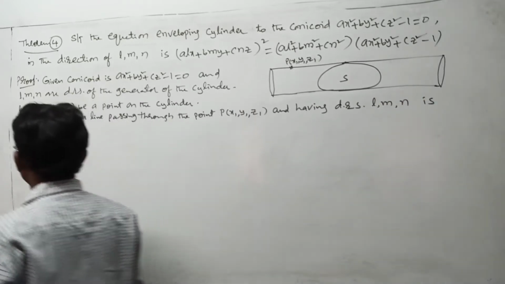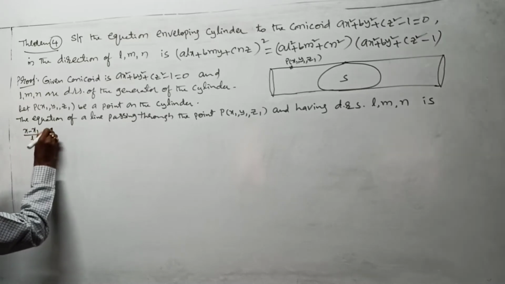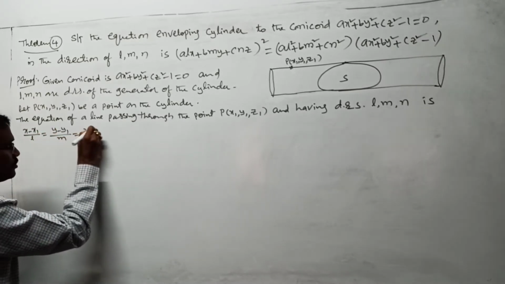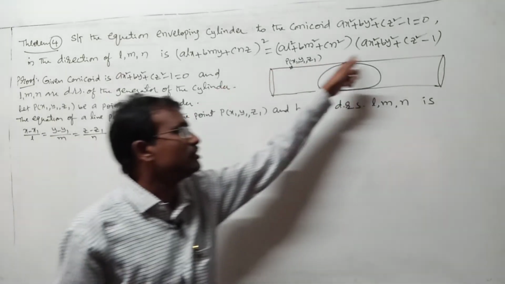That line is (x minus x1) by l equal to (y minus y1) by m equal to (z minus z1) by n. This is the line equation.